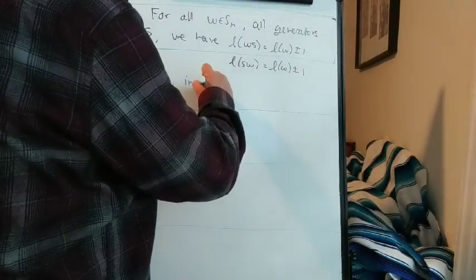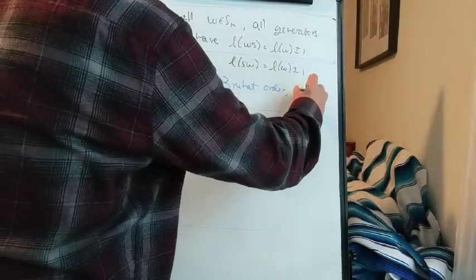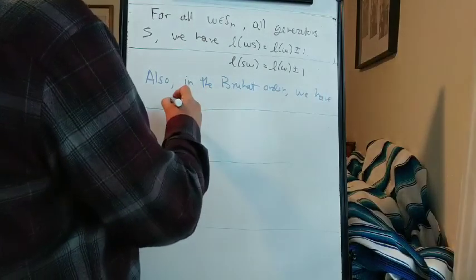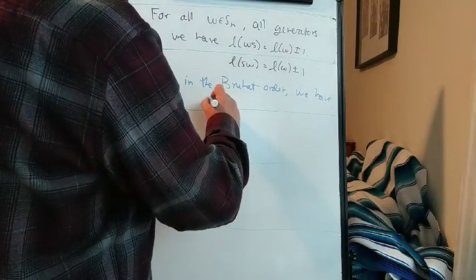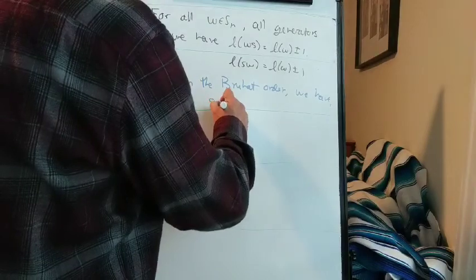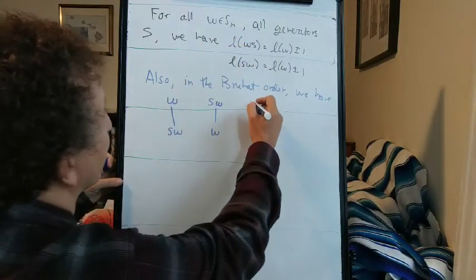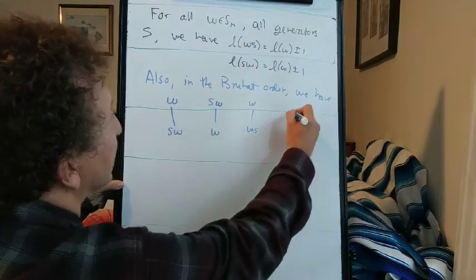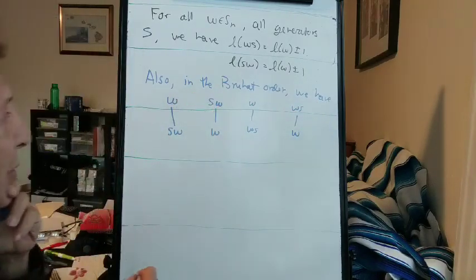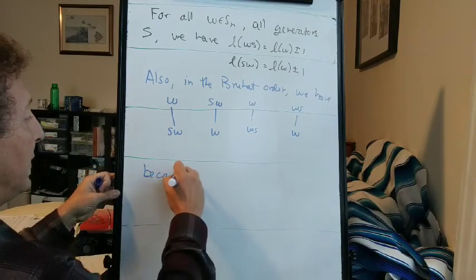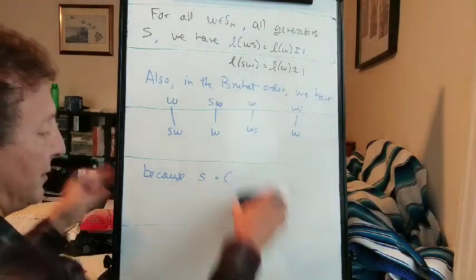Also, in the Bruhat order, we have either that W is above SW or SW is above W. And if we're multiplying on the right, we've got W is greater than WS, or WS is greater than W. There has to be a relation in the Bruhat order like this because S has the form (i, i+1).